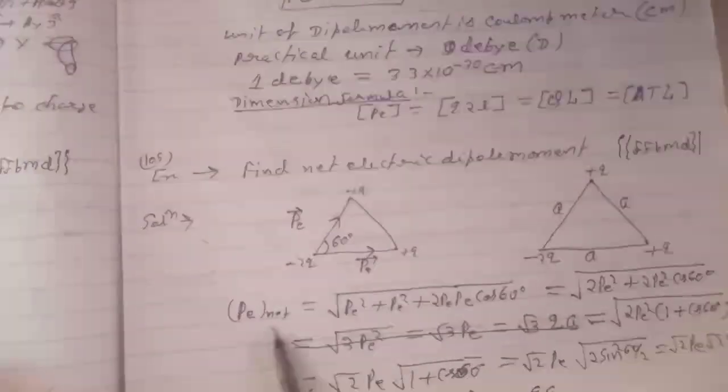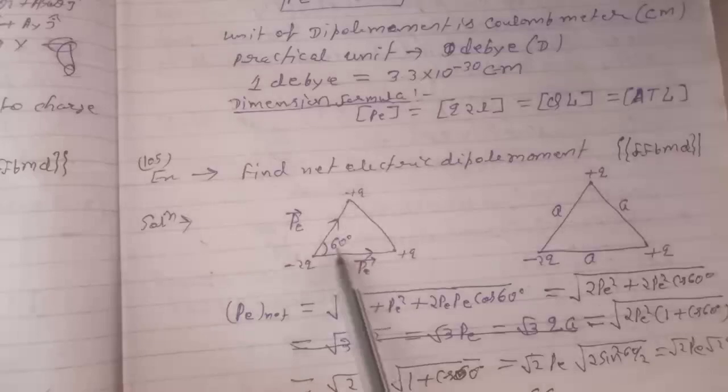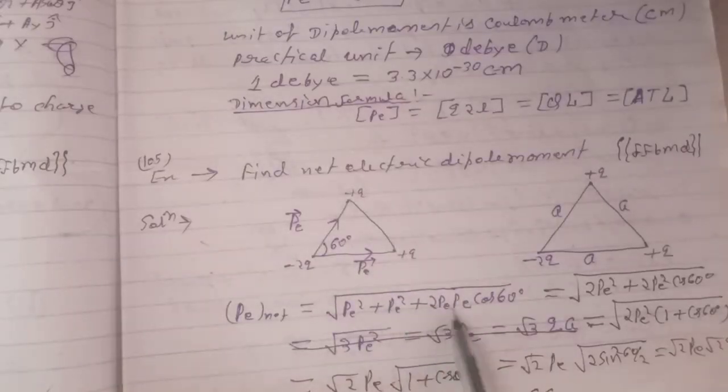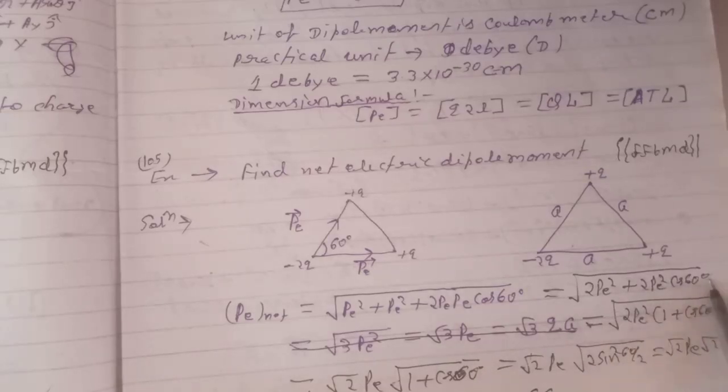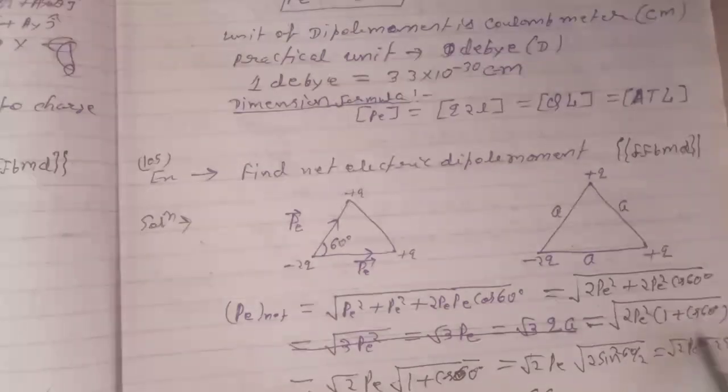Now we can calculate P net. Here it is shown P vector and P vector. So P net equals under root P square plus P square plus 2P into P cos 60. Taking common, under root 2P square into 1 plus cos 60, and 1 plus cos theta is equal to 2 cos square theta by 2.